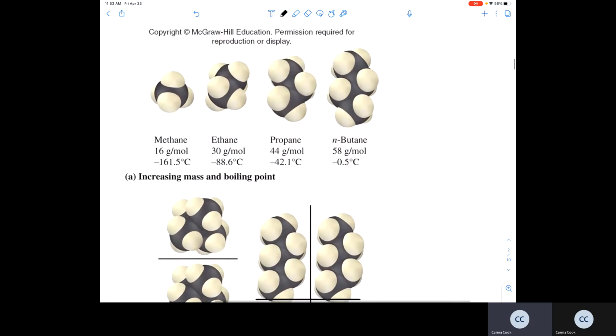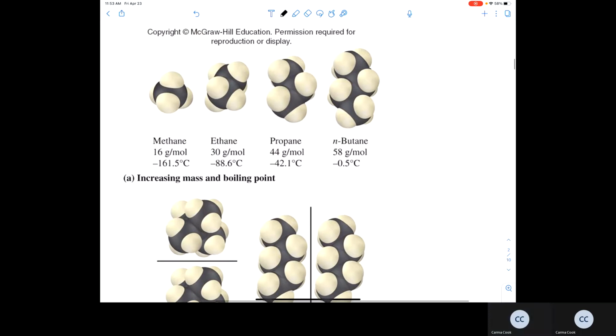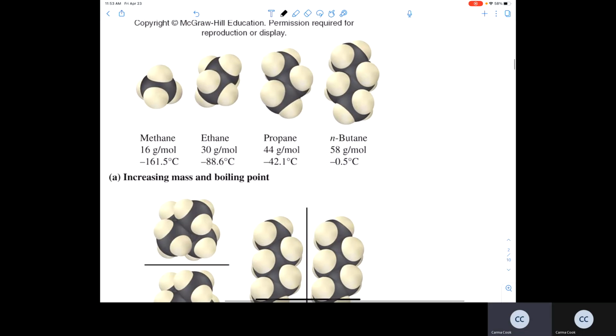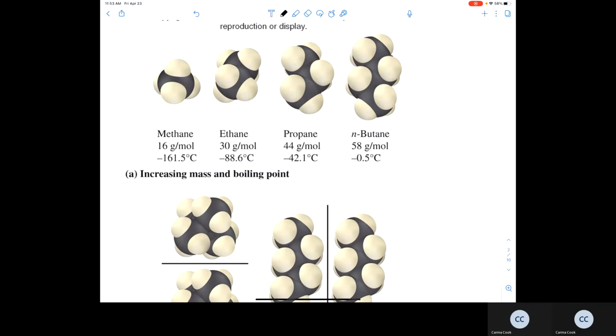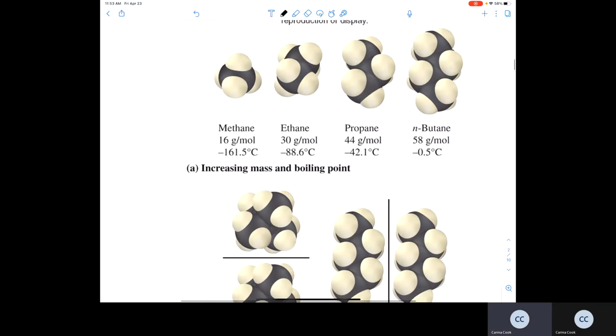So if we compare these first 4 alkanes, methane, ethane, propane, and butane, you can see the difference in molar mass and boiling point temperature.